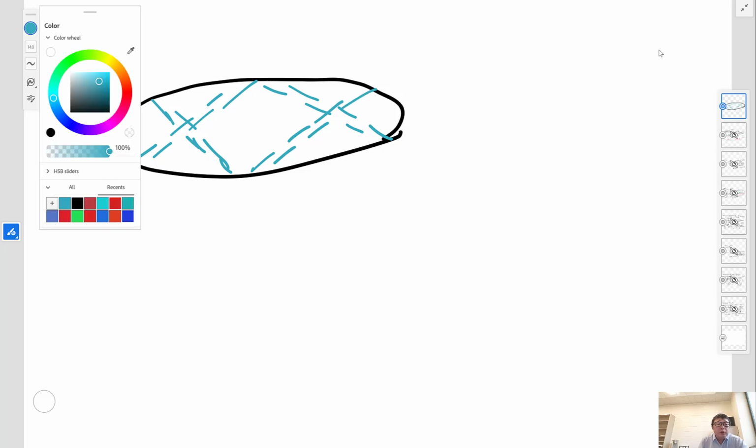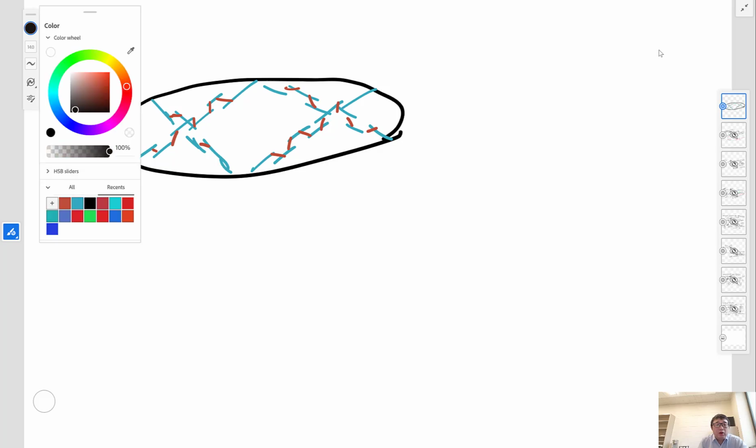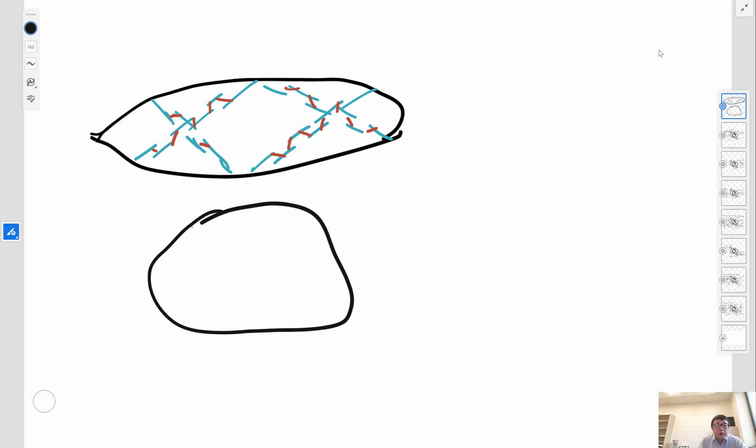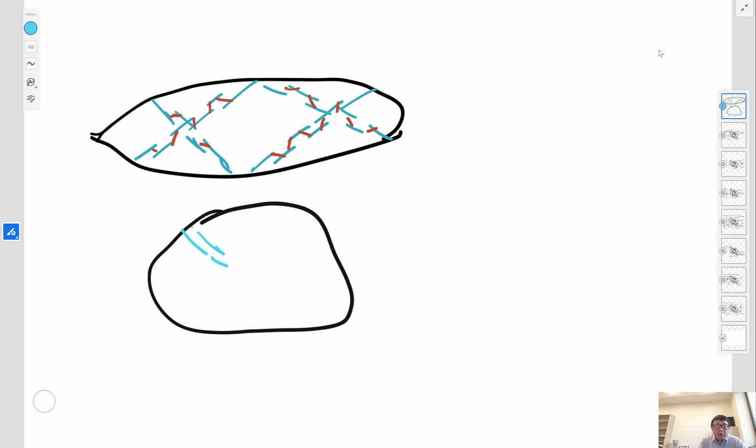And then between each of those, there are myosin bundles to connect them. When the myosin bundles all synchronously contract together, the cell becomes like this, because now you have the actin closer to each other.